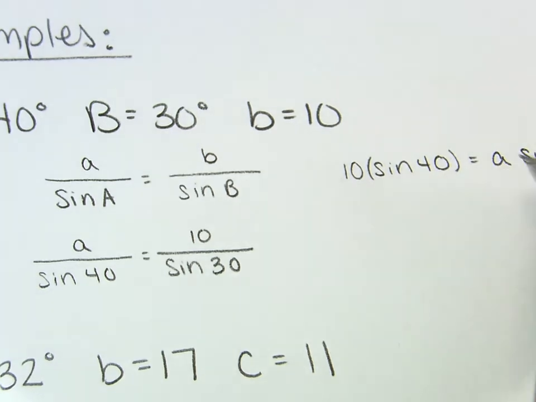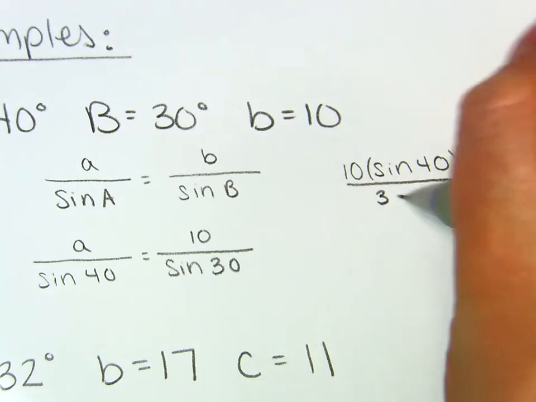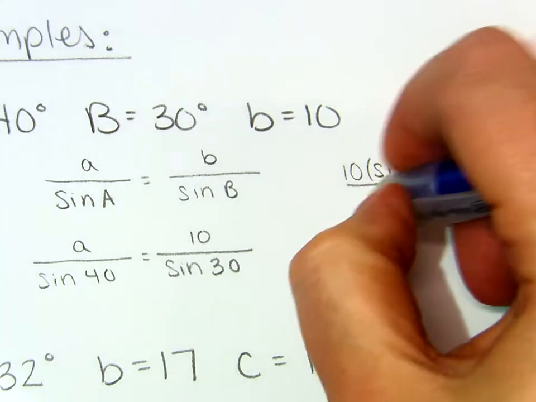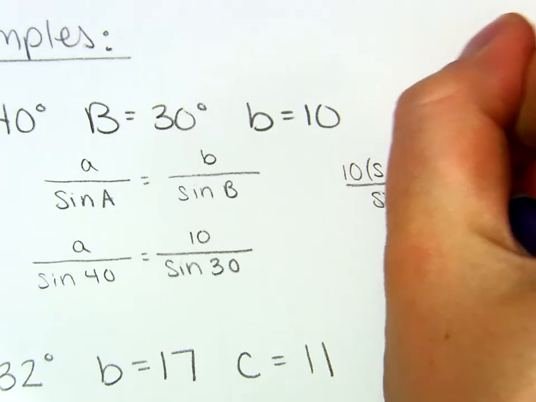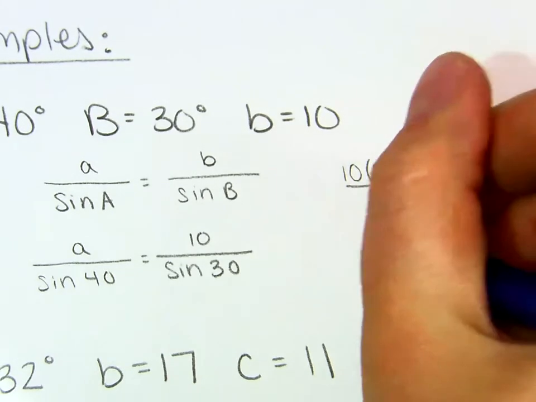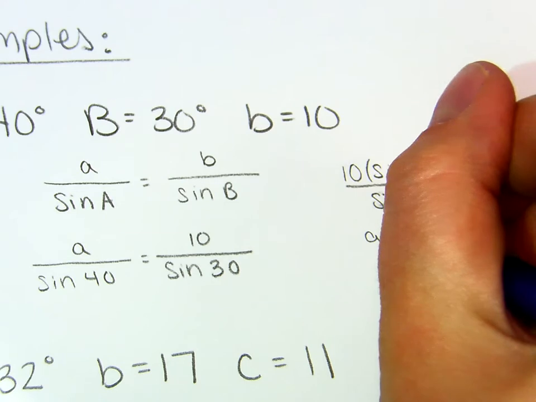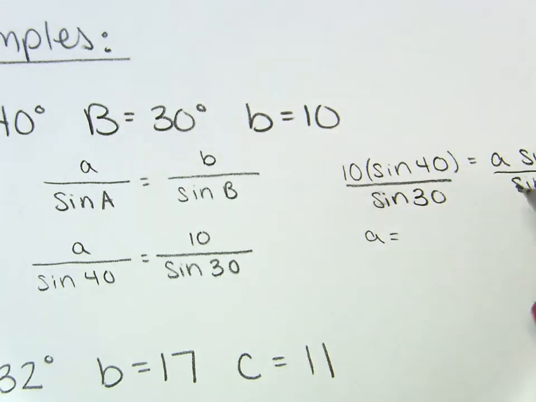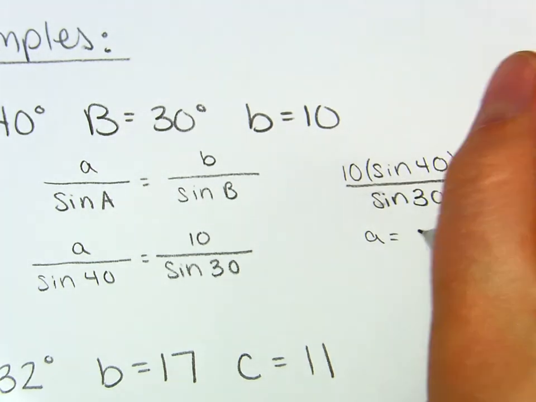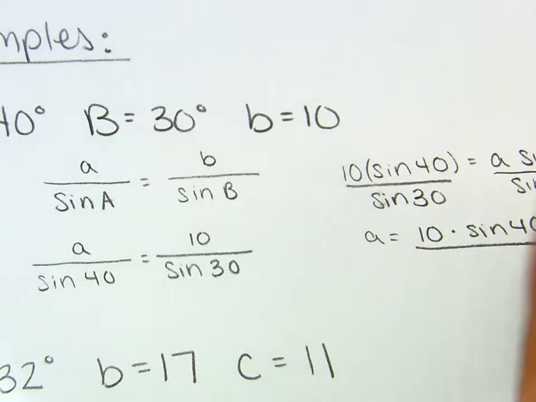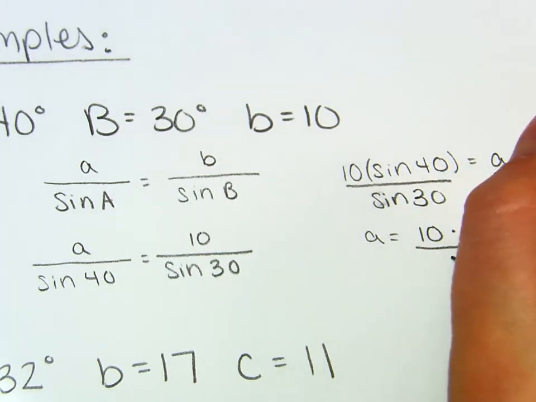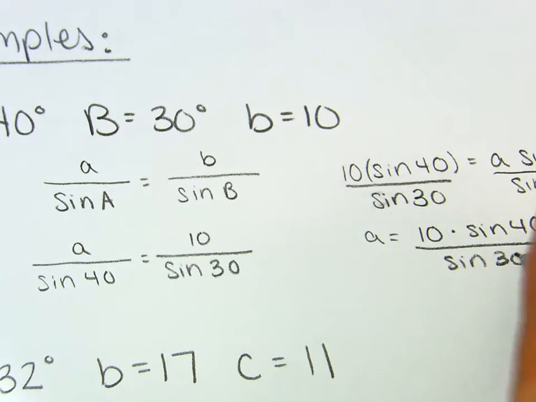And you want to solve for a, so to do that, I would get rid of the sine of 30, divide both sides by the sine of 30. So I would get a is equal to 10 times the sine of 40 divided by the sine of 30.